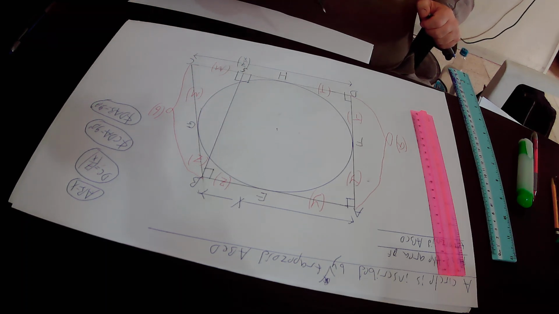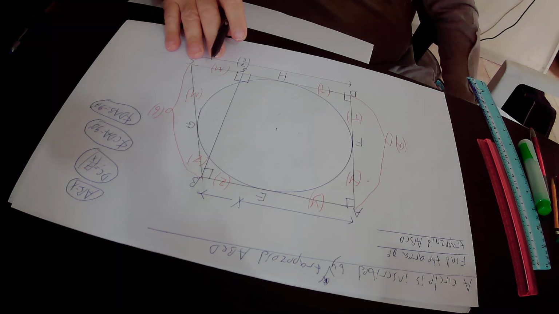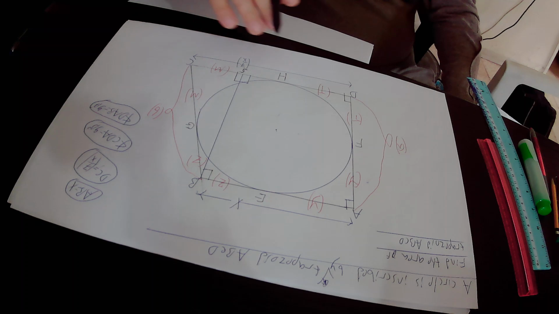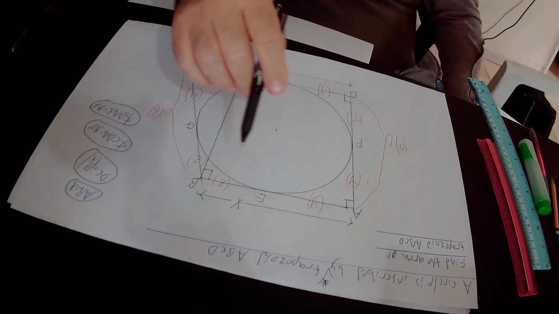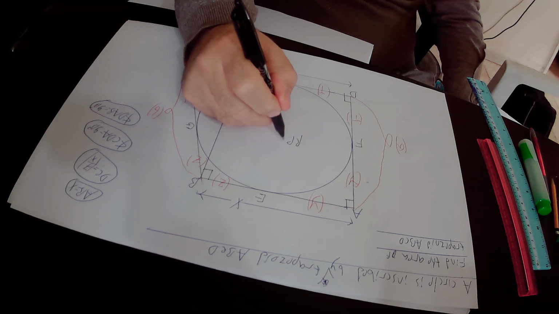So inside quadrangle ABSD we have four right angles. According to rule 6, any quadrilateral that has four right angles must be at least a rectangle, if not a square. So we consider this quadrilateral ABSD a rectangle because it has four right angles.